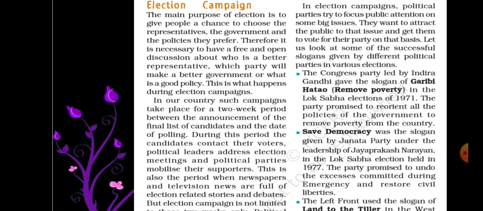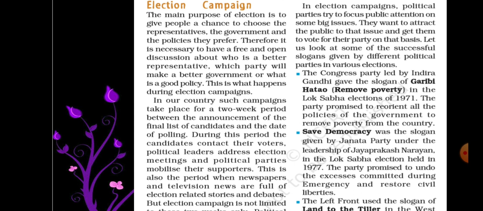And if they do so, their election can be rejected by the court even after they have been declared elected.